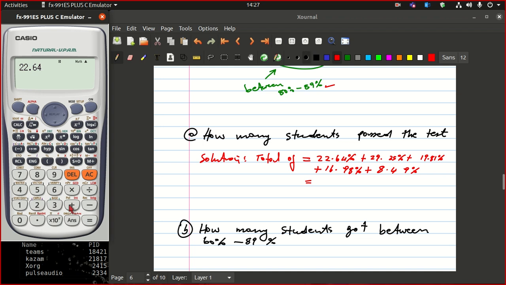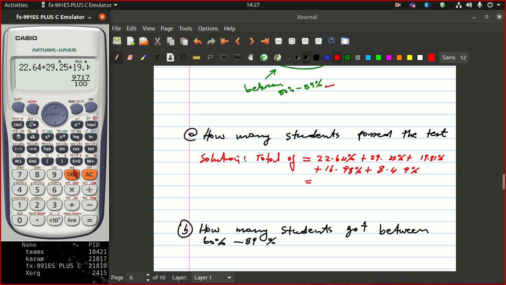So 22.64 plus 29.25 plus 19.81 plus 16.98 plus 8.49.